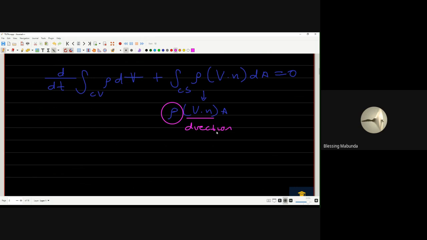And we've looked at that before. So V dotted with n is greater than 0 for an outlet, but V dotted with n is less than 0 for an inlet.